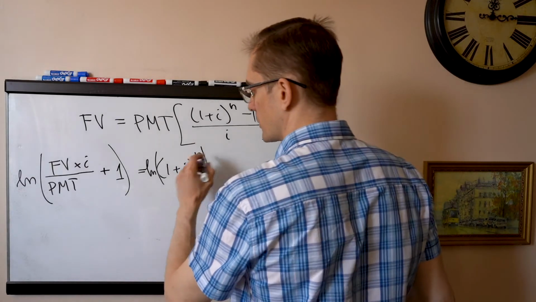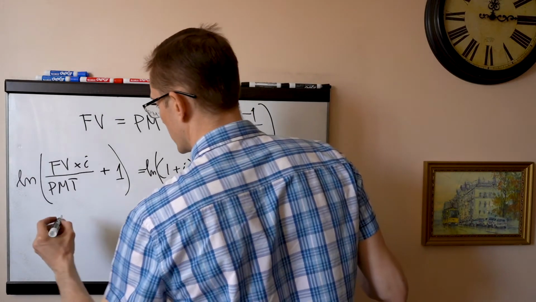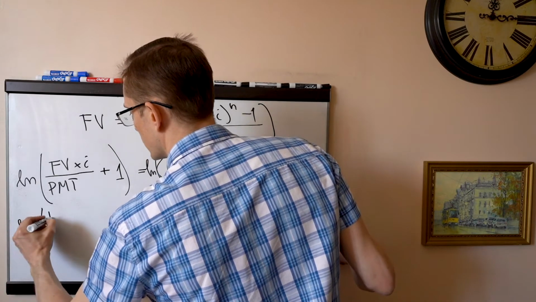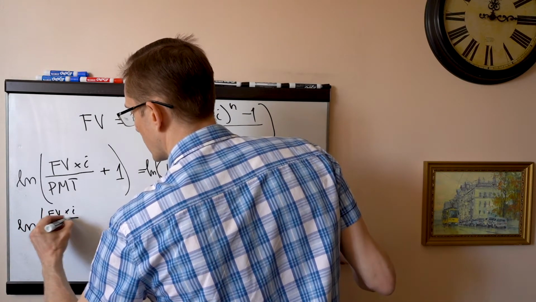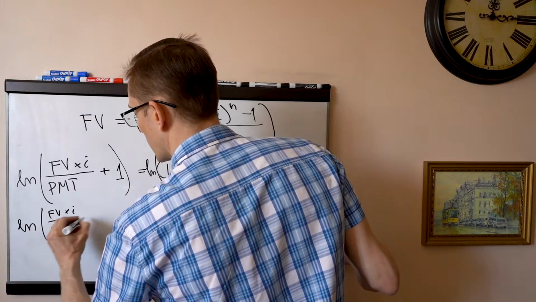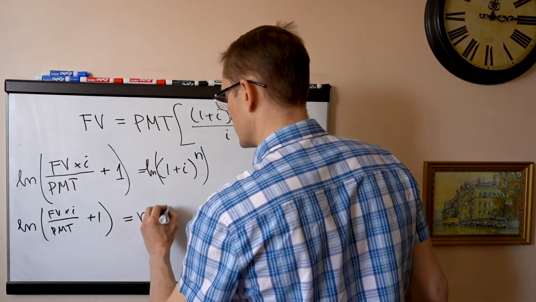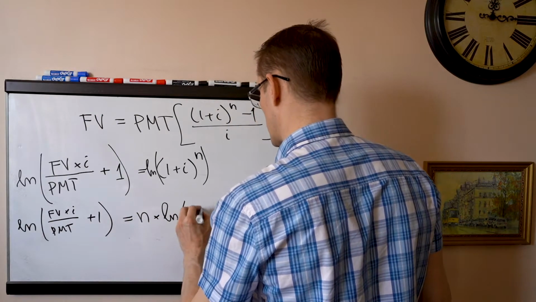After we use the logarithm power rule, this logarithm will be equal to n times the logarithm of 1 plus i.